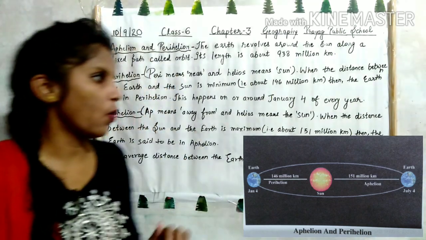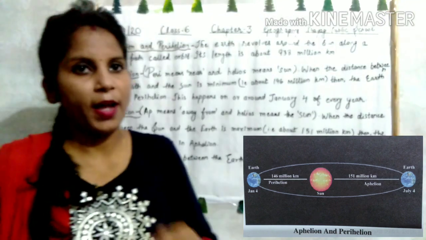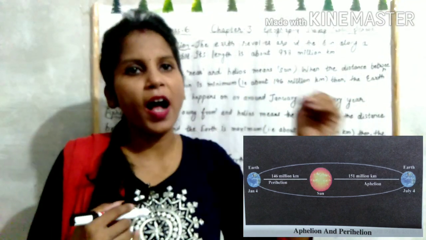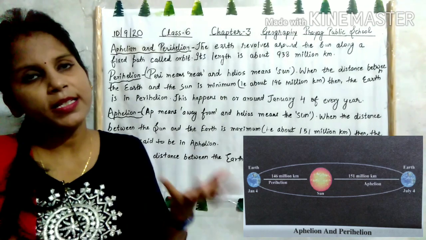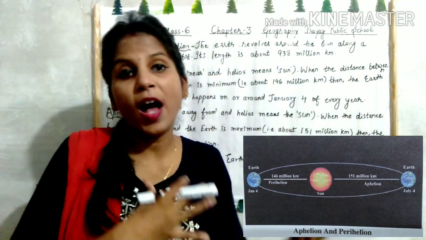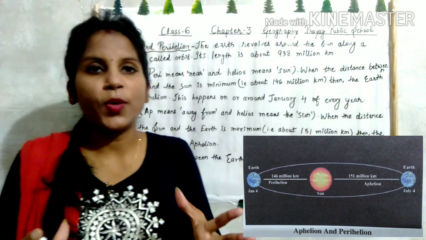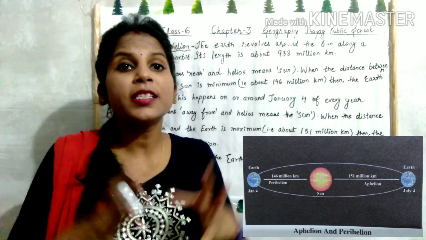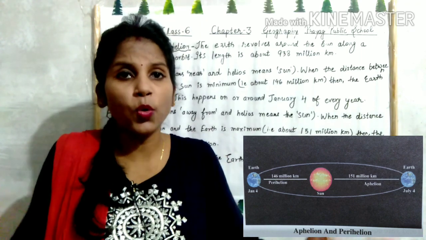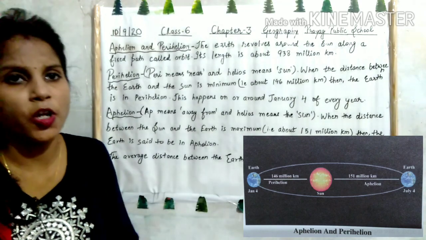Okay, now aphelion. Ap means away from. Ap means away from मतलब कि far, दूर, and helios means the sun. So when the earth is far away from the sun, so when the distance between the earth and the sun is maximum, सबसे अधिक होता है, उस time हम क्या कहते हैं? Aphelion.